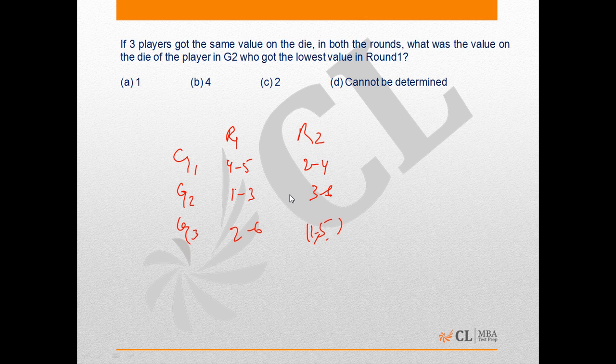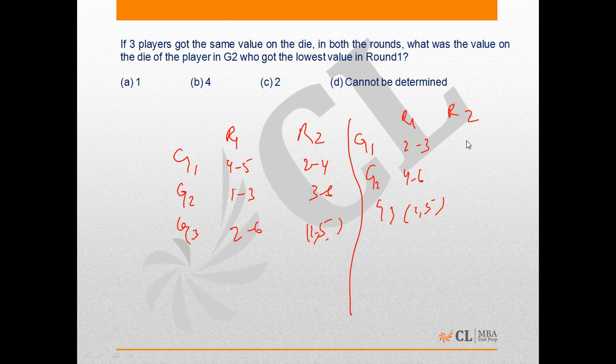Let's move to the question. In the first question it is given that if three players got the same value on the die in both the rounds, what was the value on the die of the player in G2 who got the lowest value in round 1? This is possible in the case when G1 gets 2 3 in first round, G2 gets 4 6, G3 1 5.